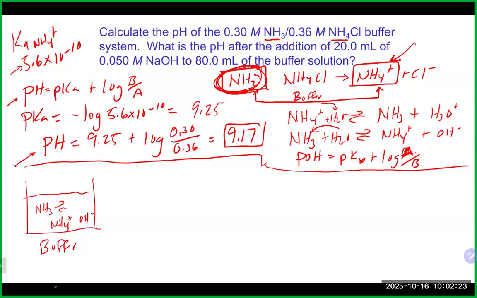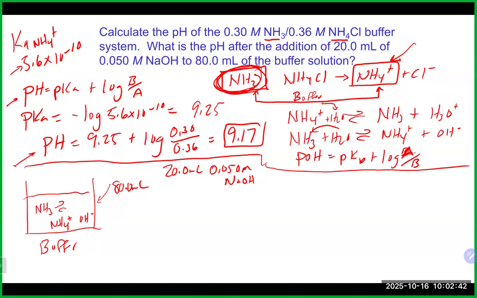So we have this equilibrium set up, and they're both in the solution at the same time. And in this case, we have 80 milliliters of that buffer. And we're going to add 20 milliliters of 0.05 molar sodium hydroxide.